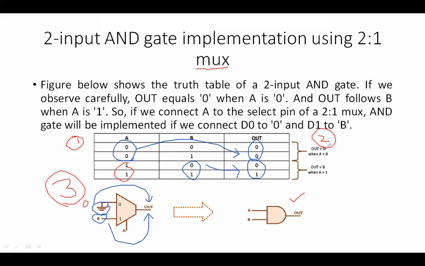So here you can see out is equal to 0 when A is equal to 0. This is giving you the clue that you have to select A as your select line. Output should be equal to 0, which means at my input also I should be having 0.